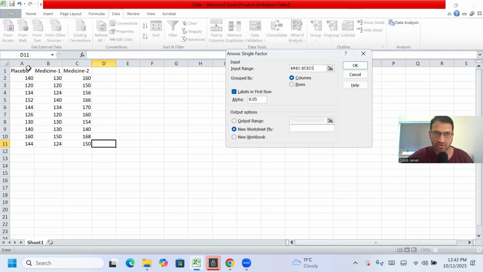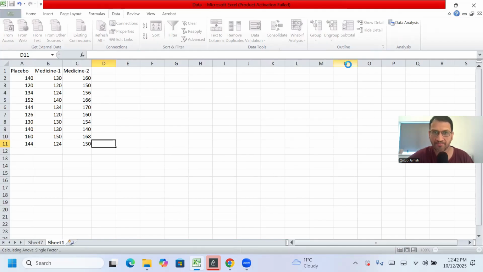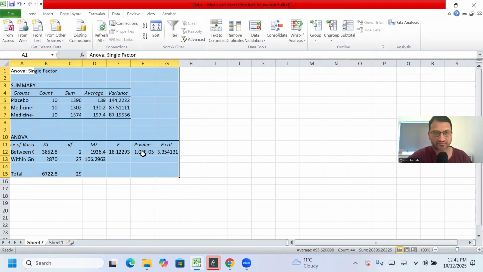Labels: yes, the first row has labels. And alpha, which is the p-value threshold, we have set as 0.05, and we will get the data in another worksheet. So this is all done. We click OK, and this is what you get.